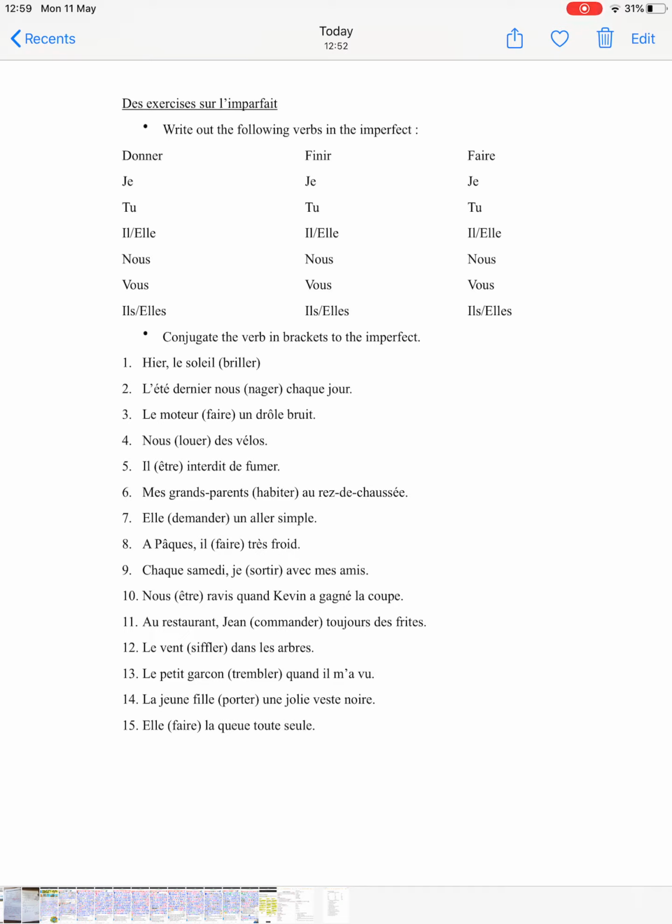Okay, so just watch out for that. So if it's one noun, that can be a person, a place, or anything with just le or la in front of it, you use the third part ending, and if it's plural, like number 6 there, you use the last part ending. D'accord? C'est tout.